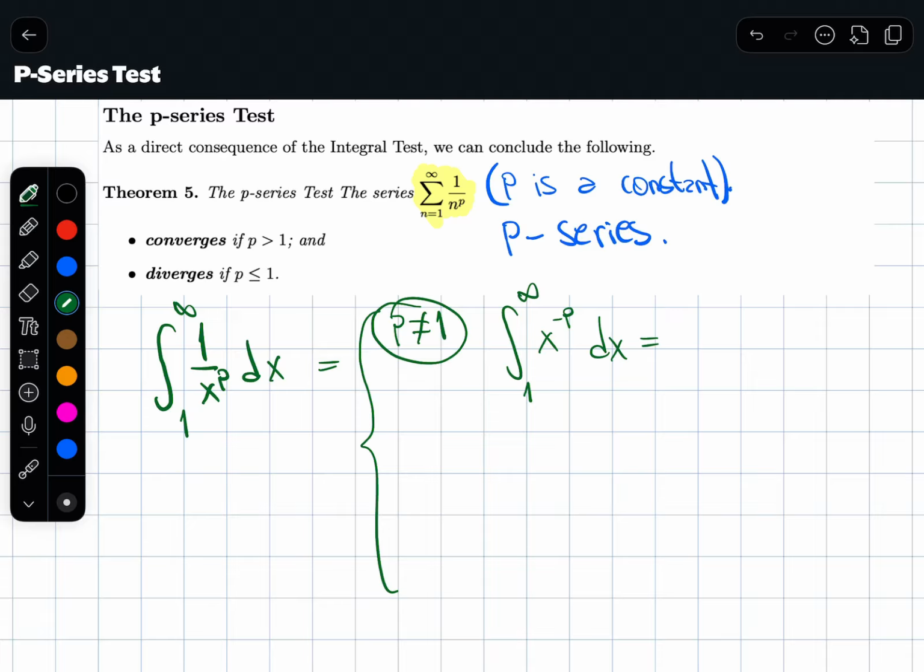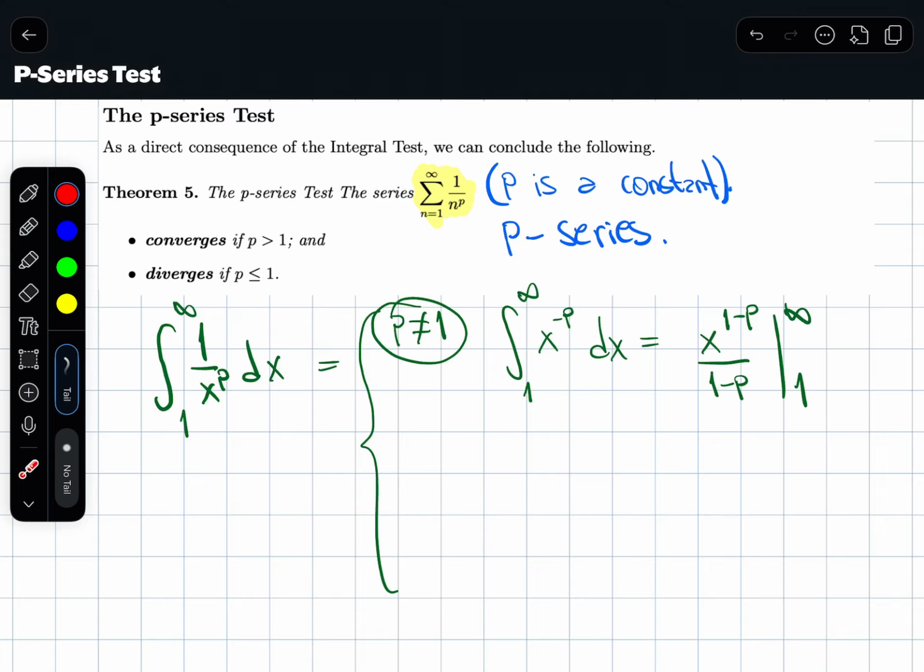So you add 1 to the power. That's minus p plus 1, which is the same as 1 minus p, and divide by 1 minus p, from 1 to infinity. This is the reason why I needed p to not be 1, because I want to divide by the new power.